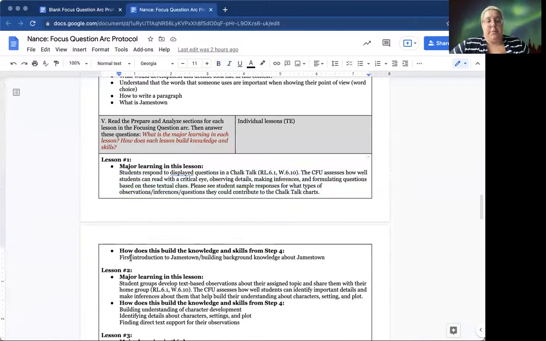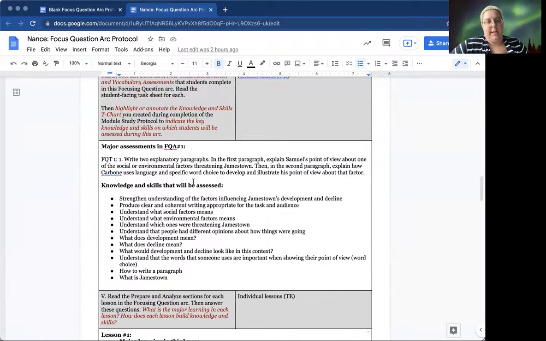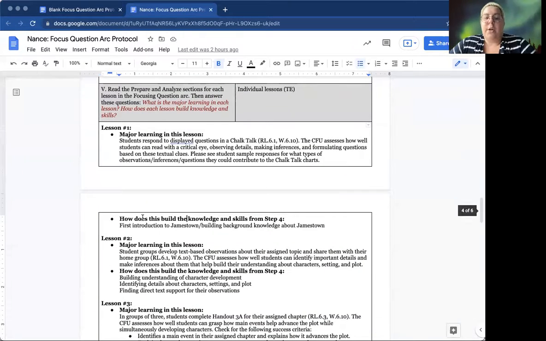And then it's up to you as the teacher to think about how the major learning that's provided by Wit and Wisdom within the prepare and analyze section builds the knowledge and skills that we looked at in step 4 up here, when you looked at the major assessment that's going to happen within that focus question ARC. So that is how you do a focus question ARC protocol.